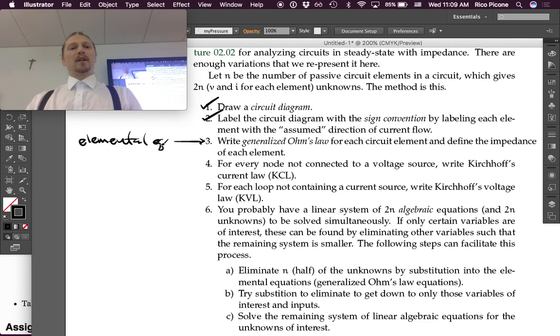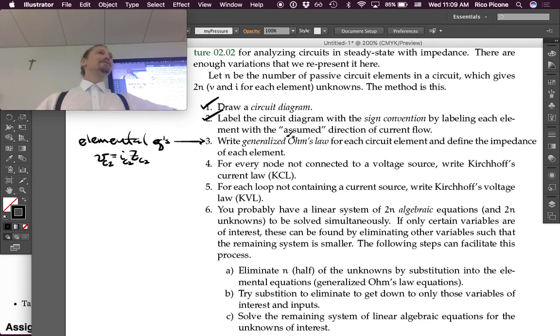And actually, the position we're going to take is that generalized Ohm's law is the elemental equation for every element. It's just always going to be V equals IZ for whatever element it is. Say it's capacitor 2, so it'd be VC2, IC2, ZC2.